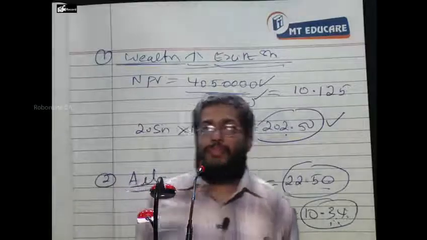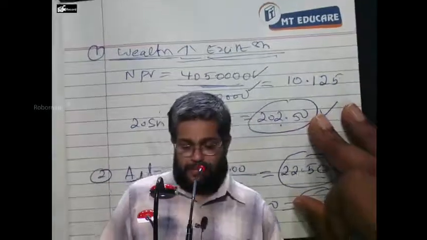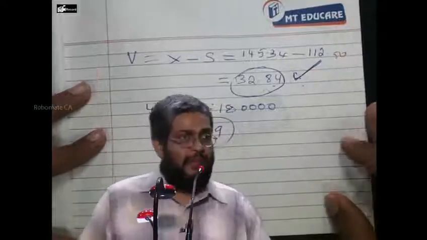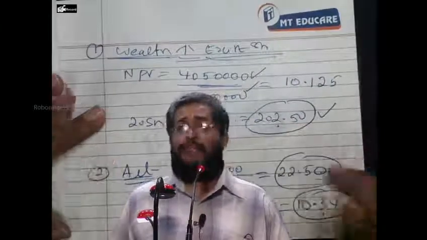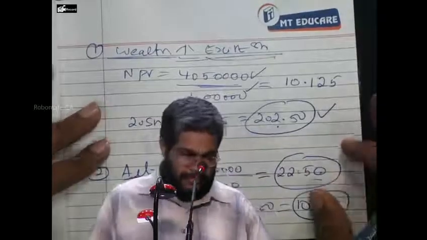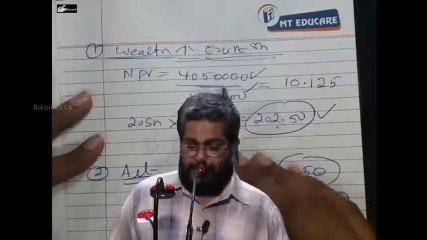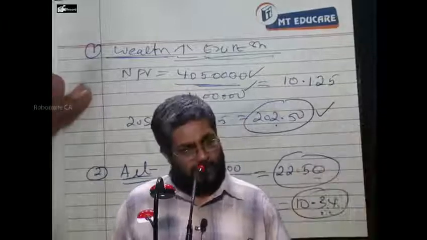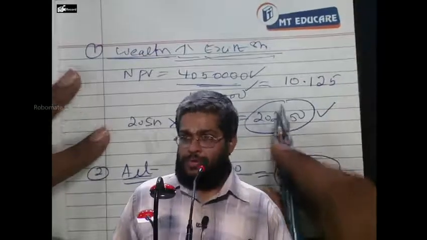Point number 2. When we fix the rights price as 32.84, the entire NPV of 40,50,000 is cornered by old shareholders, as seen above.